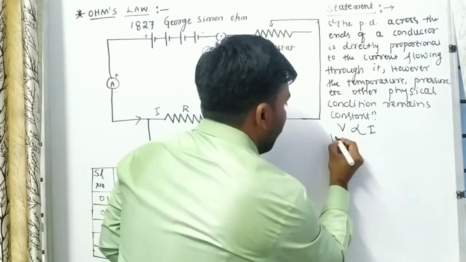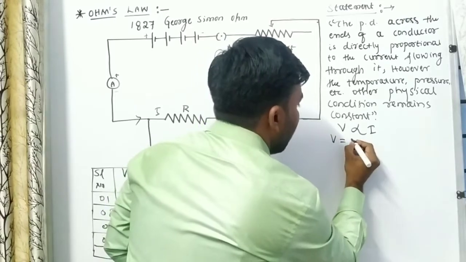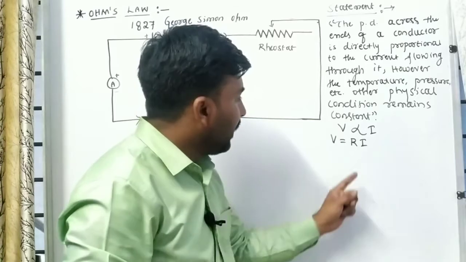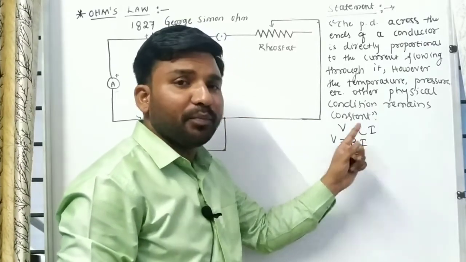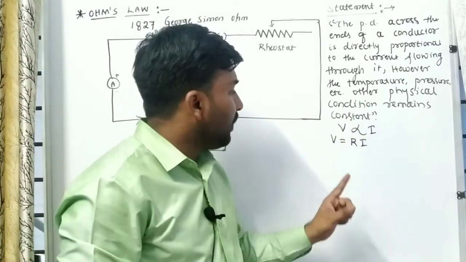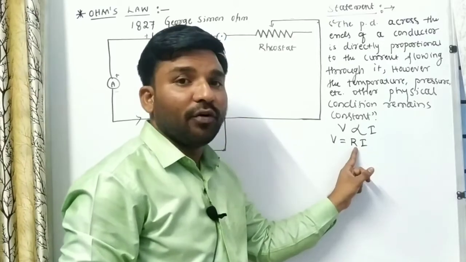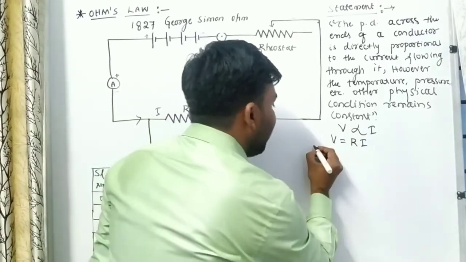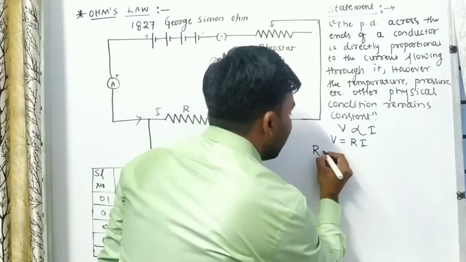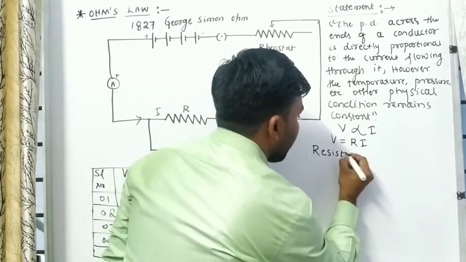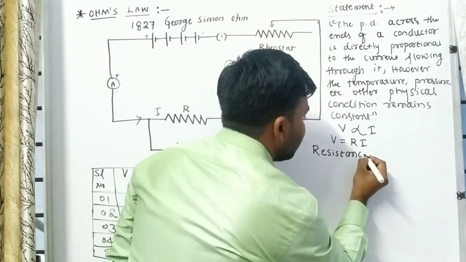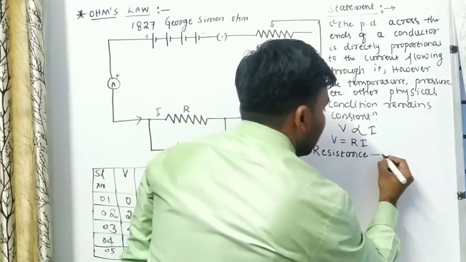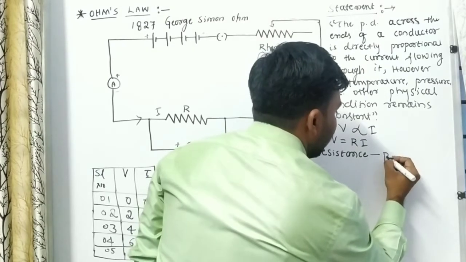Now V is equal to R into I. Whenever we remove the proportionality sign, we take a constant, and here the constant is R. This R is called resistance. So resistance is the proportionality constant.